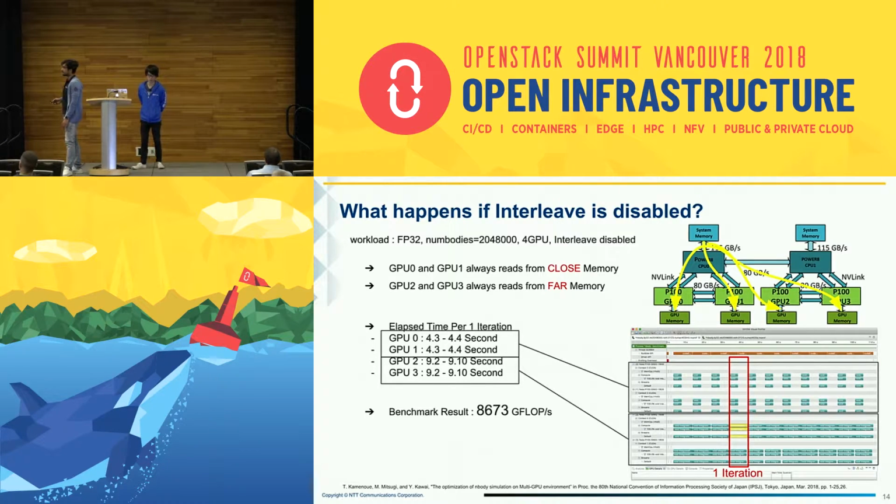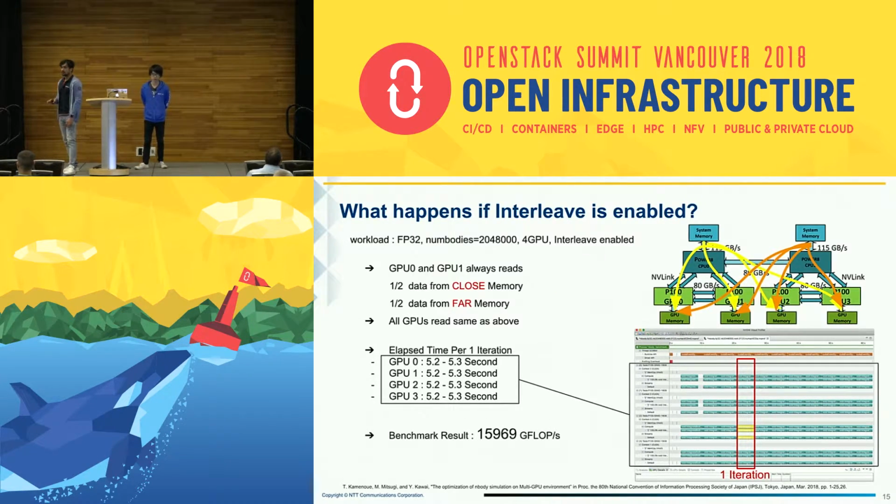If we check the elapsed time for one iteration, GPU0 and GPU1 take around 4.3 to 4.4 seconds, and GPU2 and GPU3 take around 9.2 to 9.10 seconds. So there is a difference in time, and the result we got was around 8,500 GFLOPS.